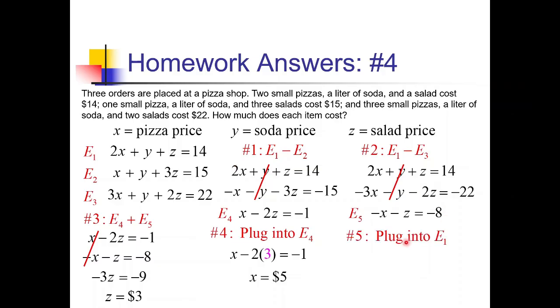Why not? So we've got 2 times pizza price of 5 plus y, that's what we're looking for, the soda price, plus the z value 3 equals 14. So this is 10 plus 3 is 13. And if I subtract 13 to the other side, I get y equals 1. So that's $1 for a soda.